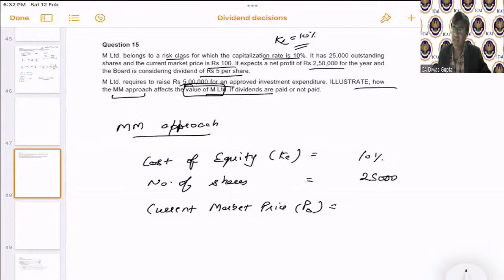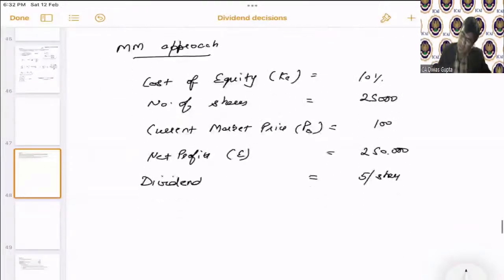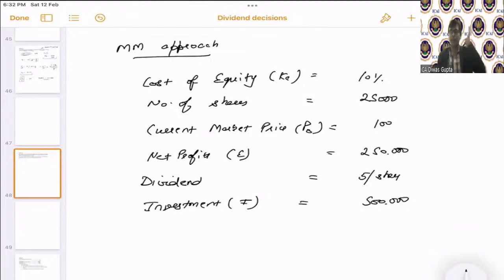Not P1, it is P0 is 100. Net profits, which is E, is equal to 250,000. Dividend, 5 per share. And the last information, which is investment, I is equal to 5 lakh rupees in totality. So this is what is required.